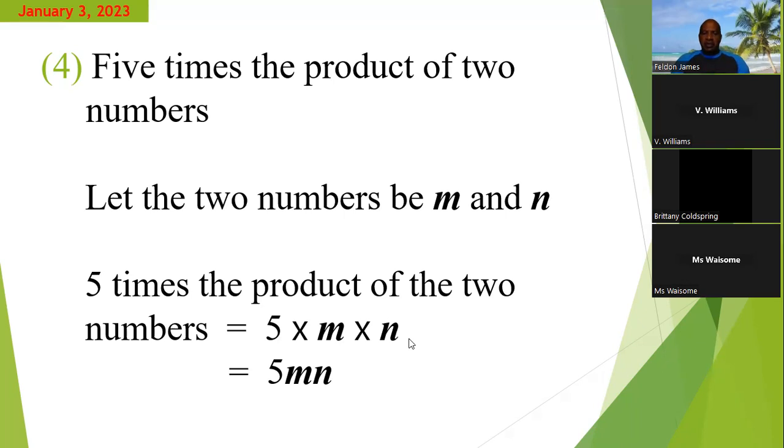Now, because we are dealing with algebra, clearly we can delete the multiplication sign. So instead of saying 5 times M times N with the multiplication sign, we just write 5MN. And it is understood that they are being multiplied because there's an invisible multiplication sign between them.